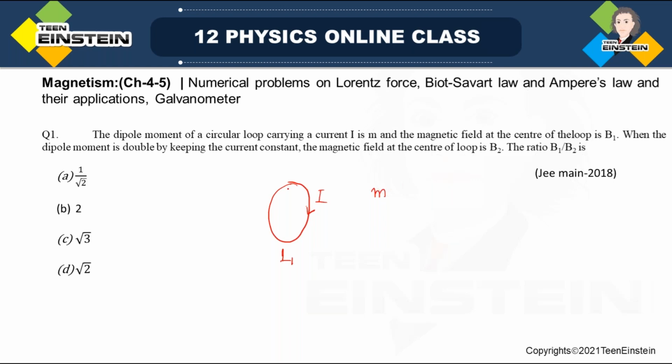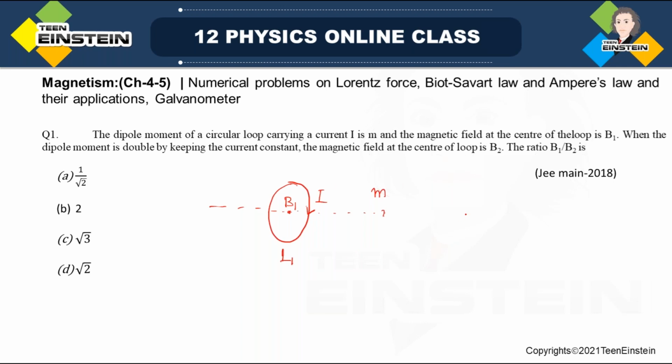The circular loop will produce a magnetic field along the axis, as we have already learned from the application of Biot-Savart's law. At the center, the magnetic field of this loop is given as B1.